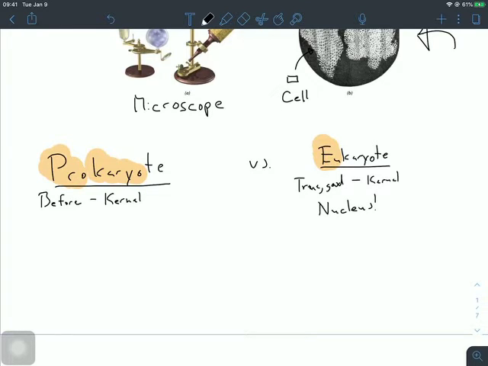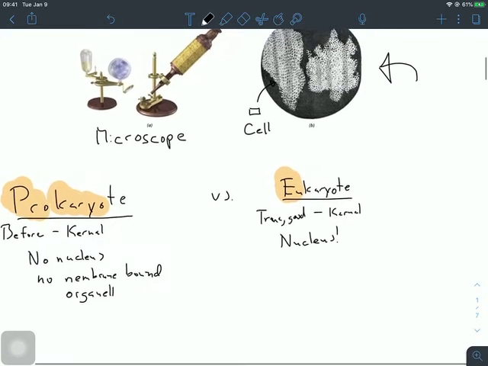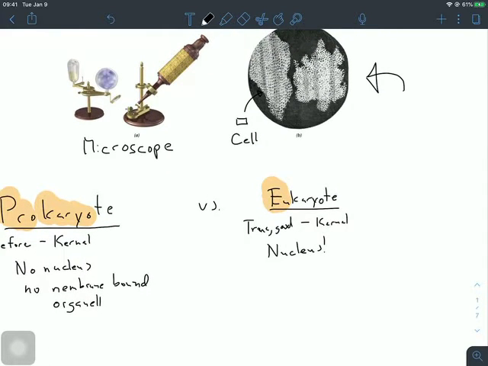Eukaryotes have a true membrane-bound nucleus. Prokaryotes have no nucleus and no membrane-bound organelles. And so practically, what this means, why does it matter to have a nucleus or membrane-bound organelles, is that each of these membranes allow for separation, for specialization.